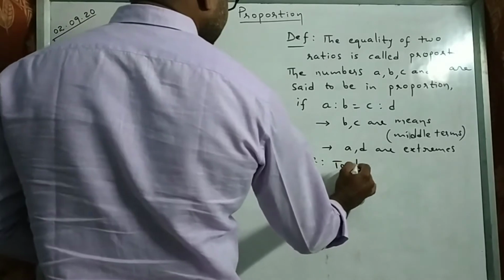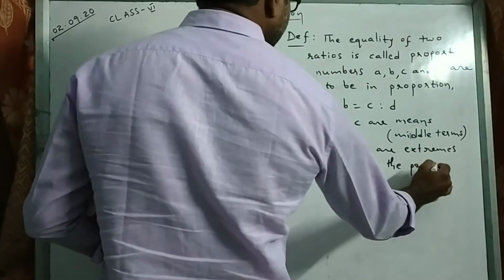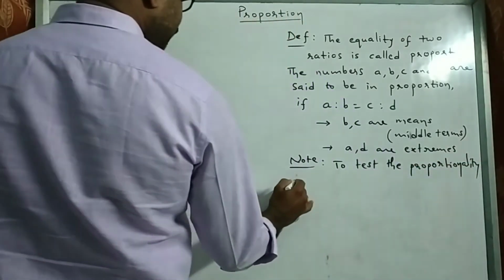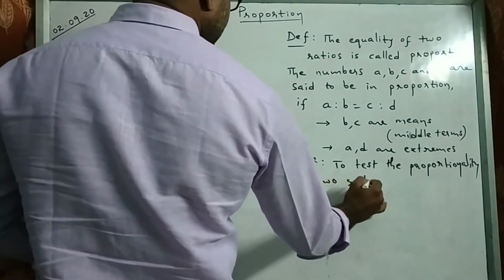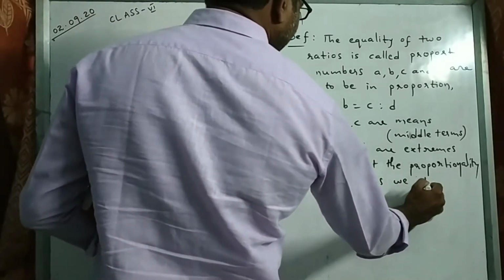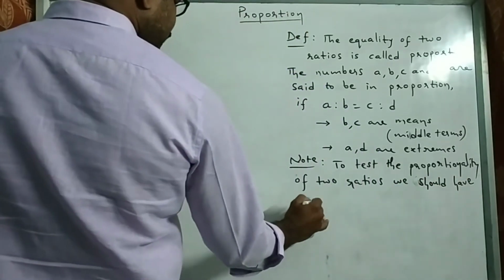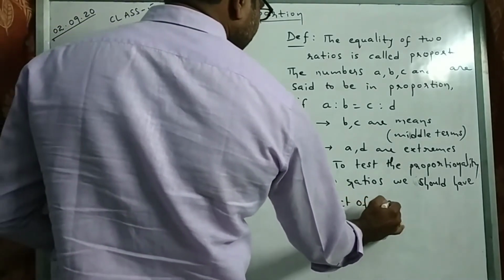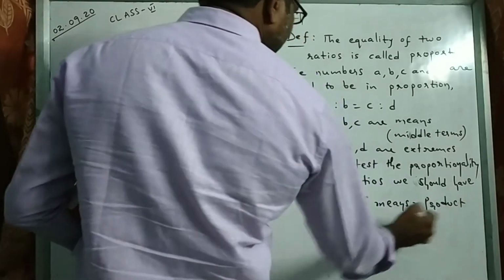to test the proportionality of two ratios, we should have product of means equal to product of extremes.